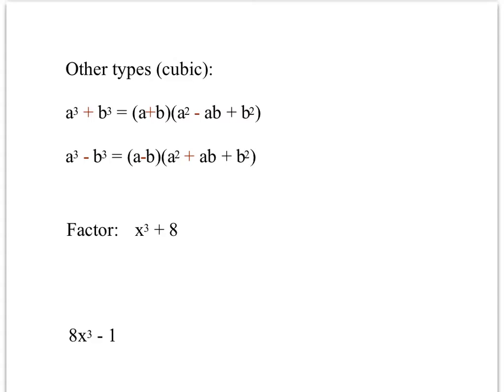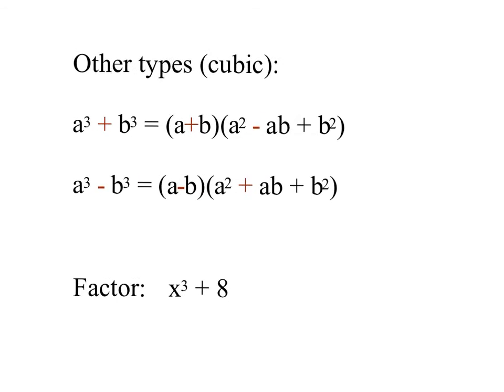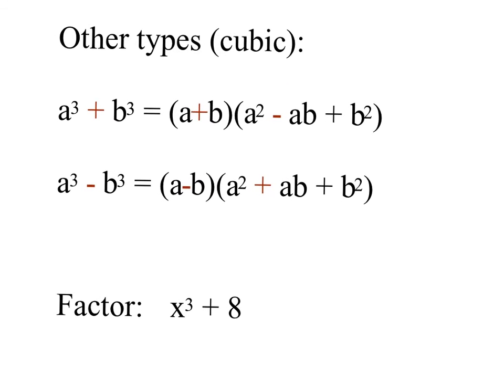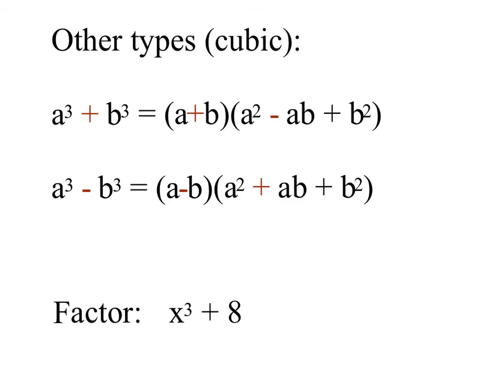Now the cubics. I used to try and teach this by memorization, but ever since the boxes came around, it actually turned out to be pretty good. Basically, here's the idea of what we're looking at. We have something cubed plus something else cubed, or something cubed minus something else cubed. So unlike the squareds, it doesn't matter if we have a plus or minus. Whatever's being cubed is going to show up in your first bubble.